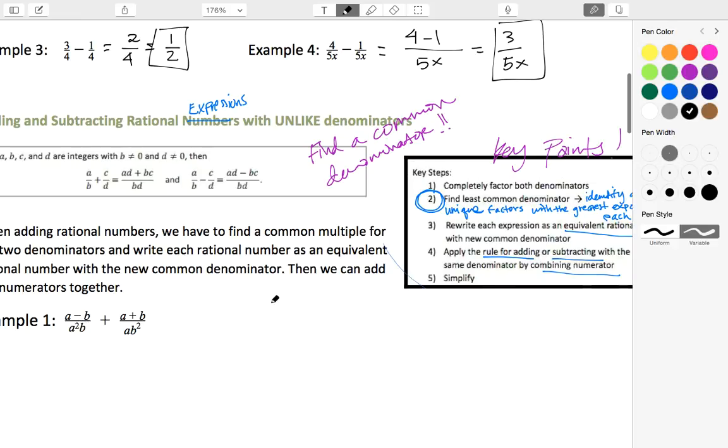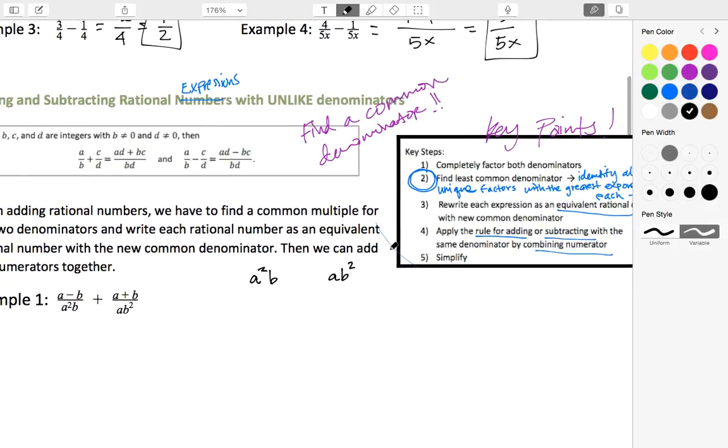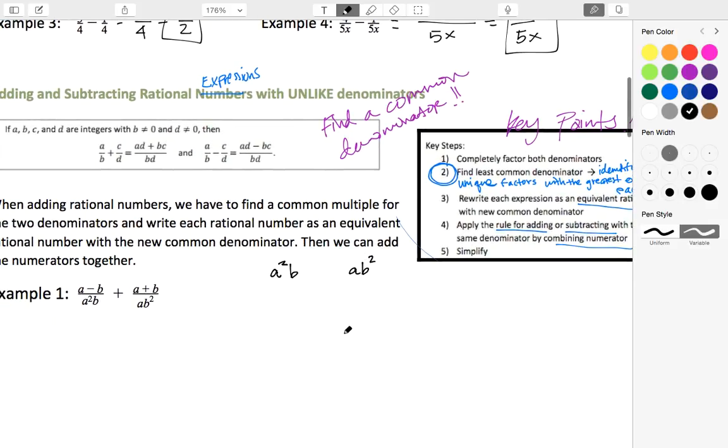My unique factors here are a and b, but I need to pick the ones with the greatest exponent. a squared has the highest one, so a squared is part of my common denominator. And b squared has the second highest exponent. So this is my least common denominator.